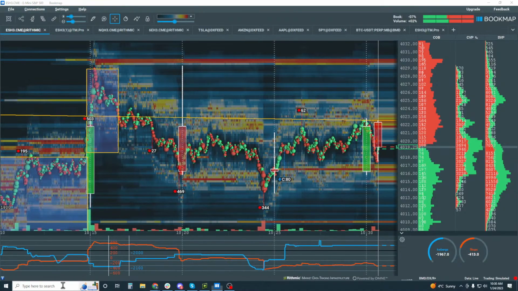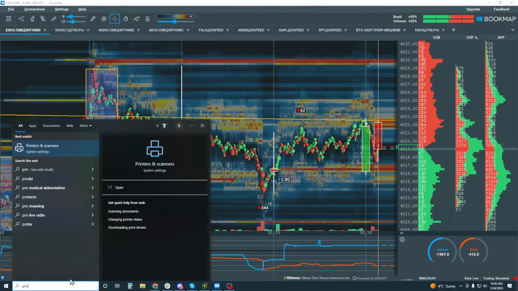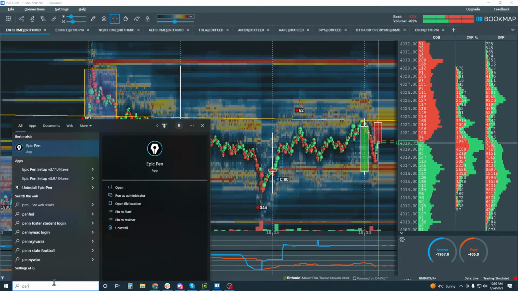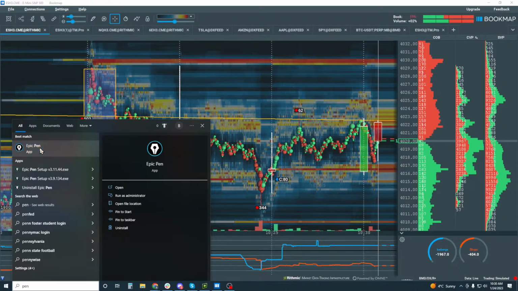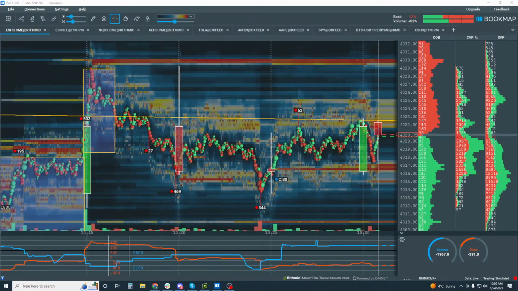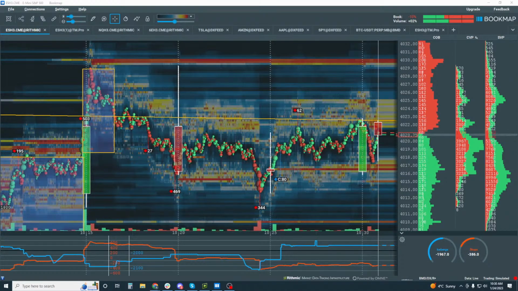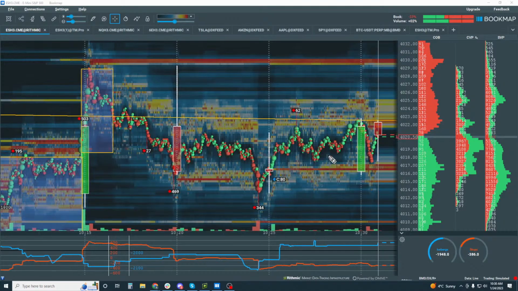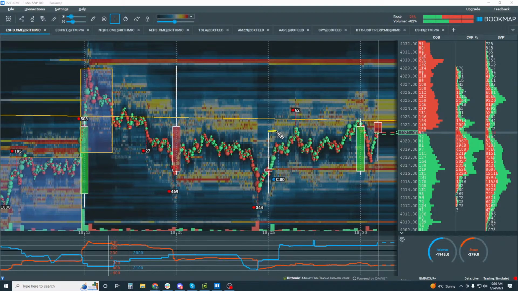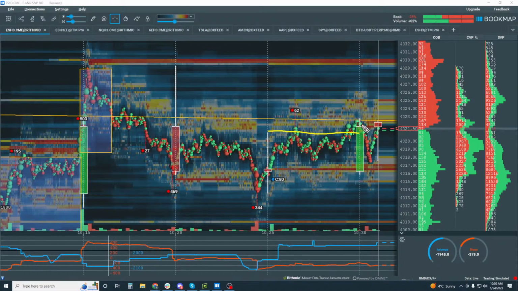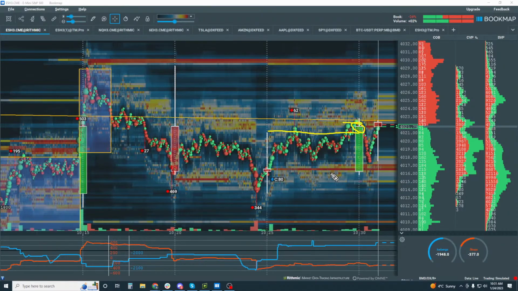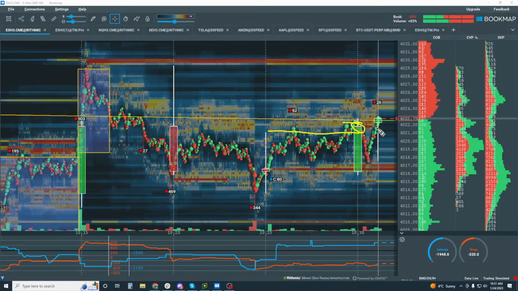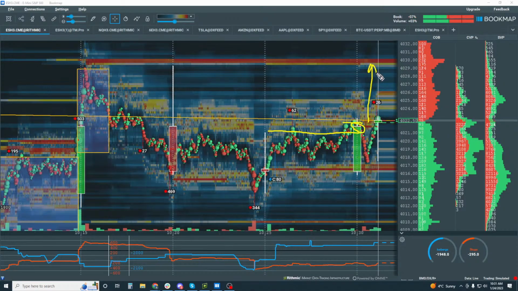Let me get that drawing tool out. So the move up above, this is your candle buy pattern, right? Actually, now it's looking pretty good. This looks pretty good for the continuation up here.